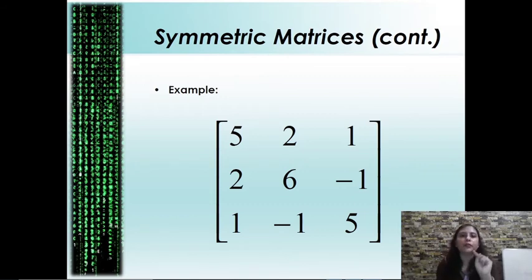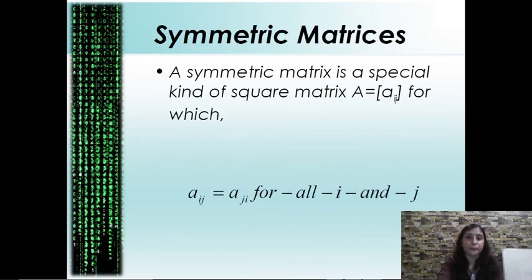Similarly, when we come to the second row, its first element is a21, that is also 2. So here we see a12 is 2, again a21 is 2. So a12 is equal to a21. Hence, we see that over here it follows the pattern of a symmetric matrix.